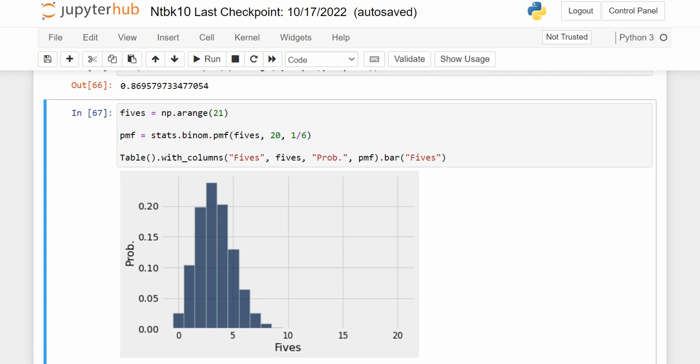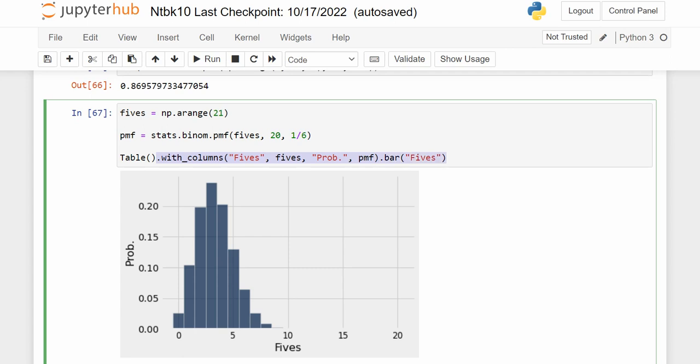All right, so now what do we have? We have a table called fives, and np.arange(21). What's that going to do? That's going to start an array at 0, 1, 2, 3, going up to 20. And then the PMF is going to create a histogram of those values. Why is it creating a table with columns?